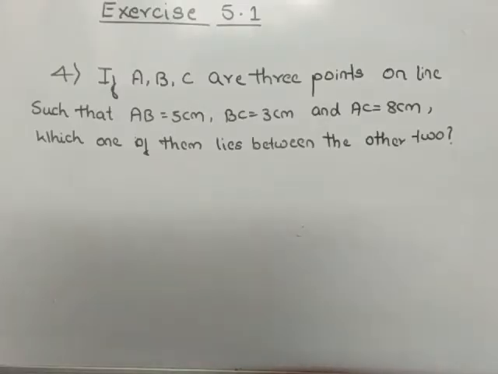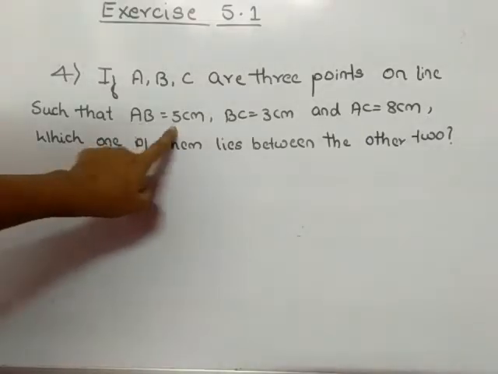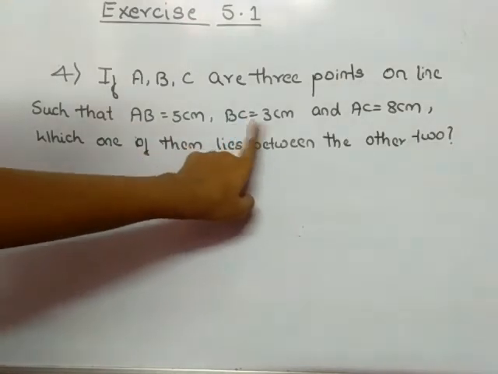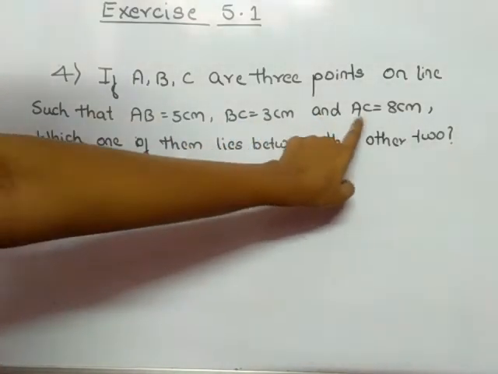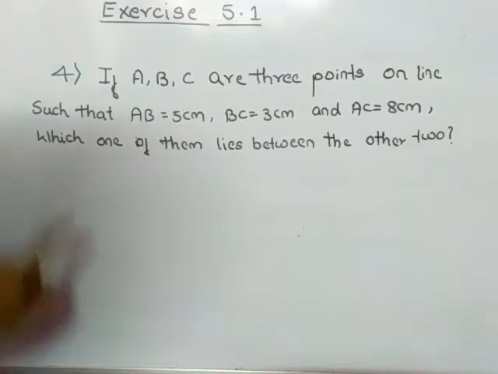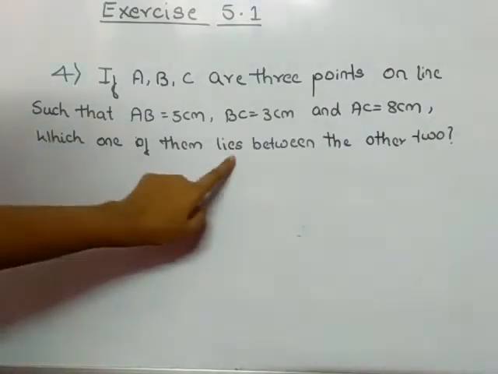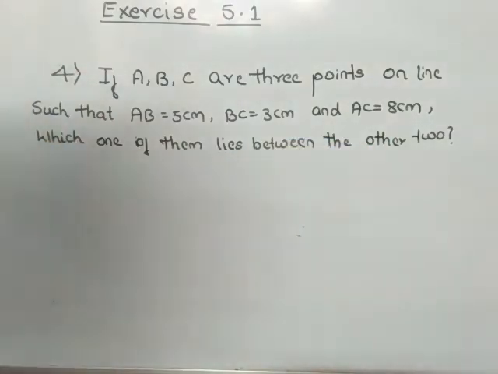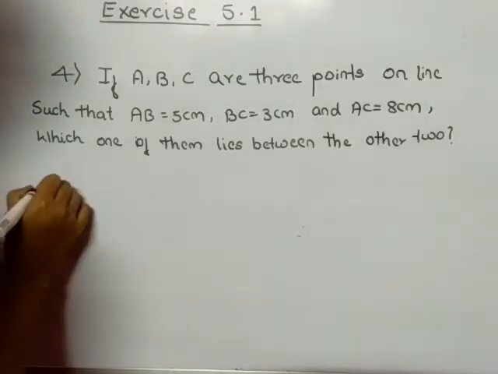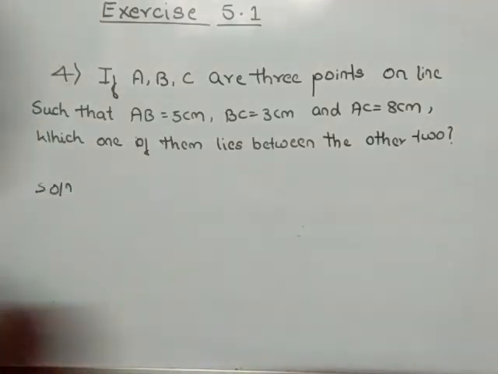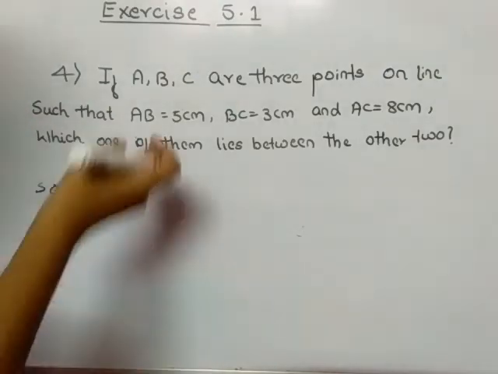Fourth question: if A, B, C are 3 points on a line such that AB is equal to 5 centimeter, BC is equal to 3 centimeter, and AC is equal to 8 centimeter, which one of them lies between the other two? To find which point lies between the other 2 points, first we need to draw the line segment having the highest length, right?